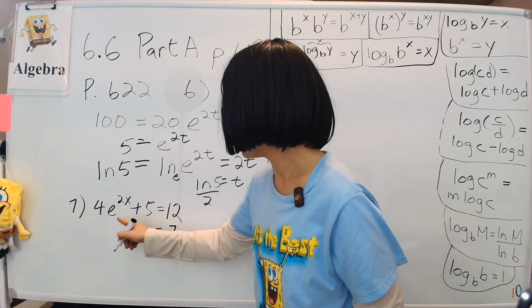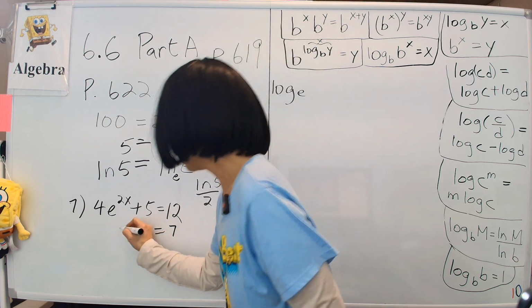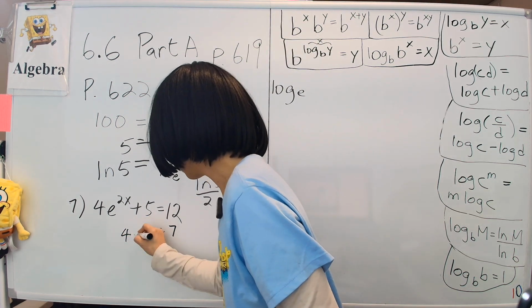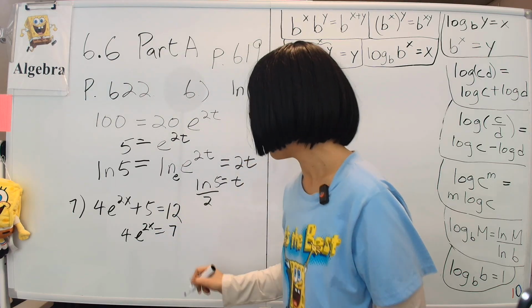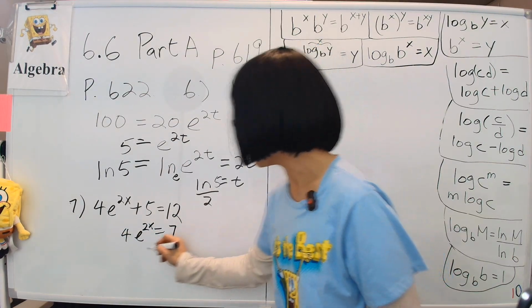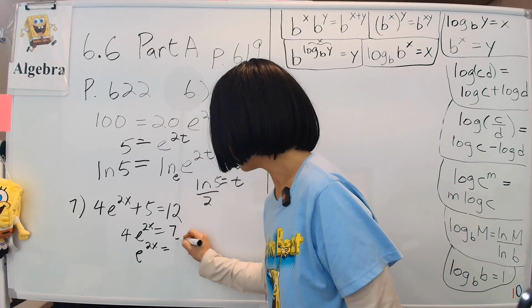Then we have 4e to the power 2x equal to 7.